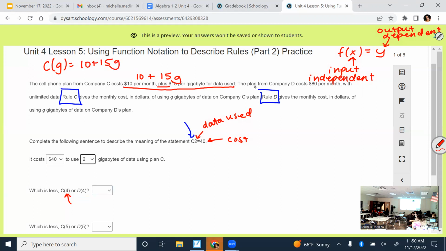Rule D says that it costs 80 per month with unlimited data. So for rule D, it would be E of G equals what? If it's 80 per month with unlimited data.